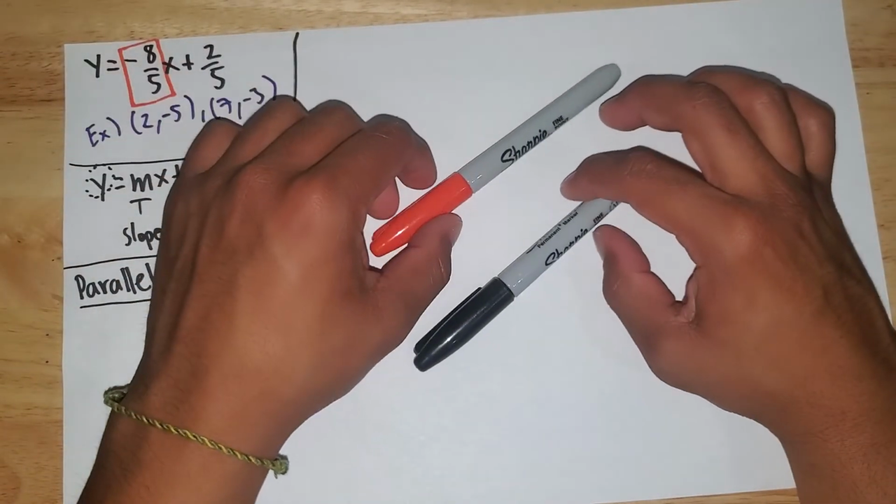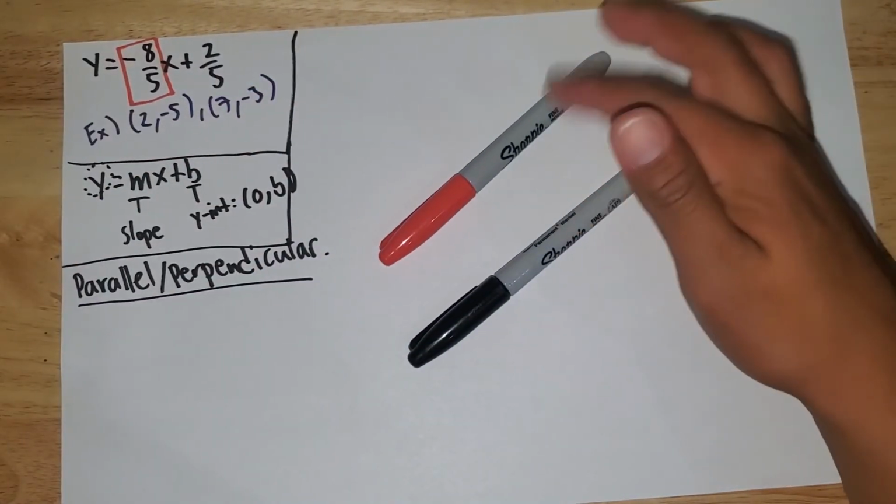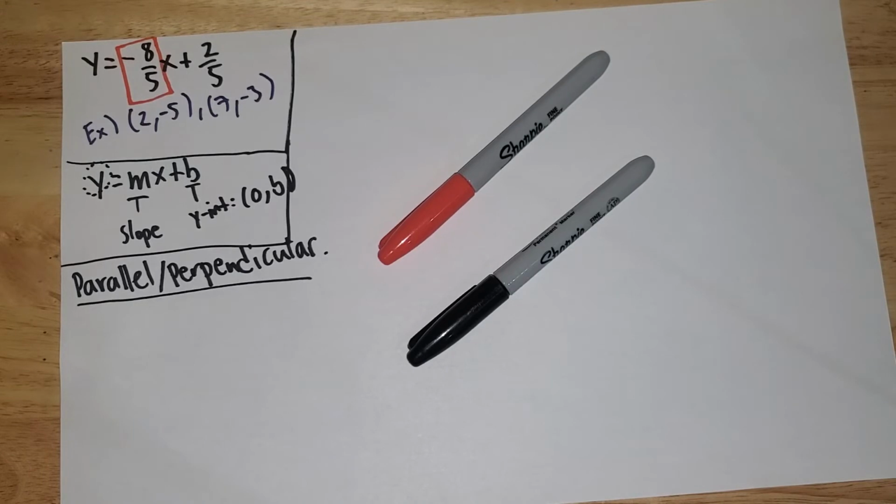I want to be able to create this separation between them. And the only thing that creates that separation is your y-intercept. So it's important you understand the difference.